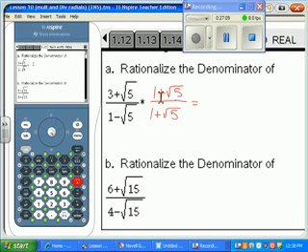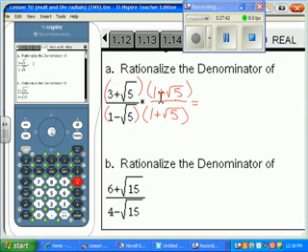What's 1 plus the square root of 5 over 1 plus the square root of 5 equal? 1. So am I changing this? When you multiply something by 1, does it change it? No, it's just going to make it look different. So now, all you would have to do is FOIL the numerator. Remember, you have to FOIL the numerator completely because you're not dealing with the conjugate of the numerator. The denominator, you only have to multiply the first terms and the last terms.